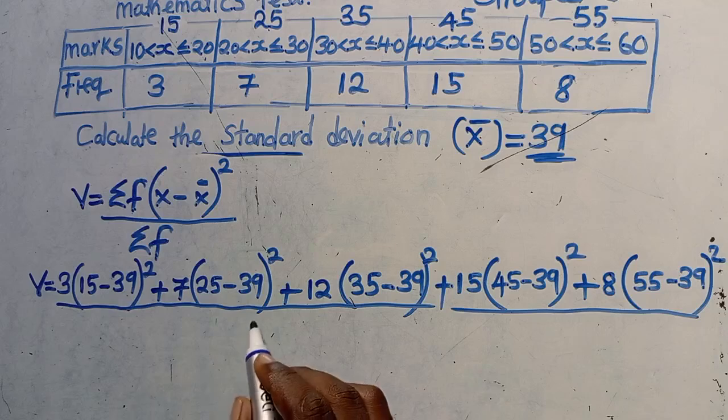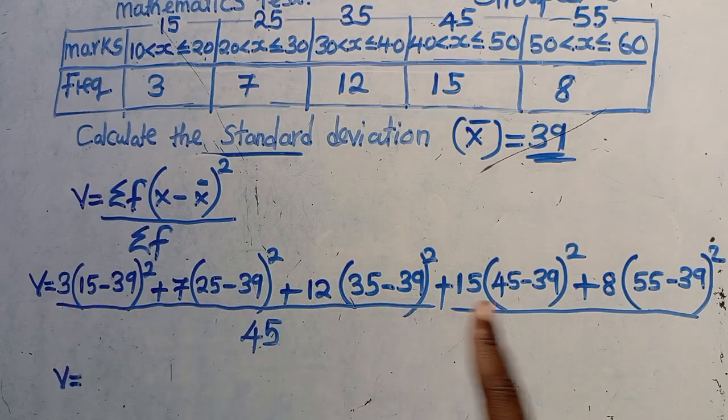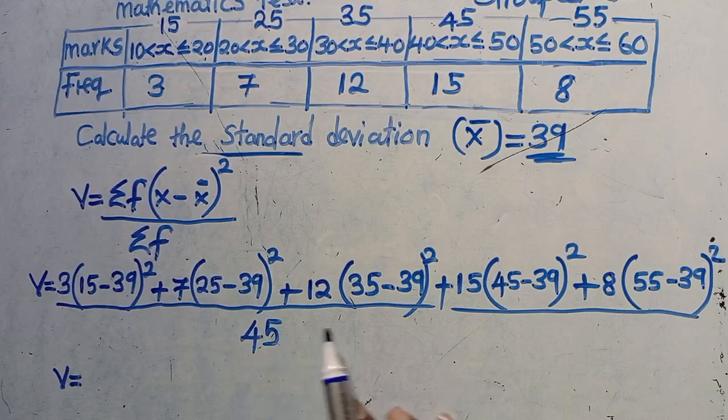Everything over the total frequency, which is 45. Variance is therefore equal to, what you are going to do is add everything there. You punch on your calculator: 3, open bracket, 15 minus 39, squared, plus you continue with 7 until you finish everything nicely on your calculator.